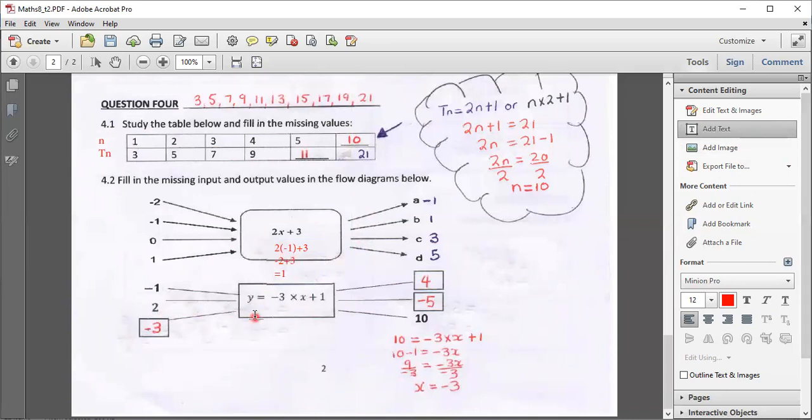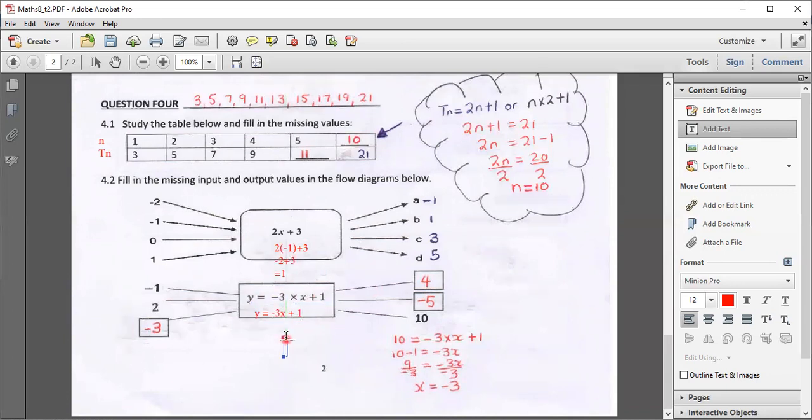In the same way we work this out, this is written as y is equal to -3 times x plus 1. It can also be written as y is equal to -3x plus 1.